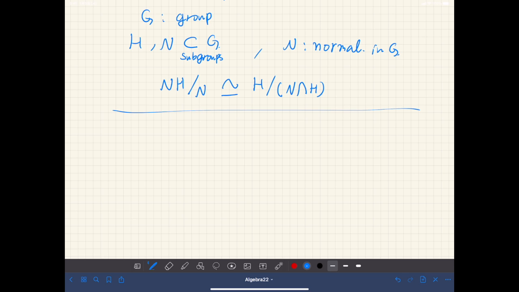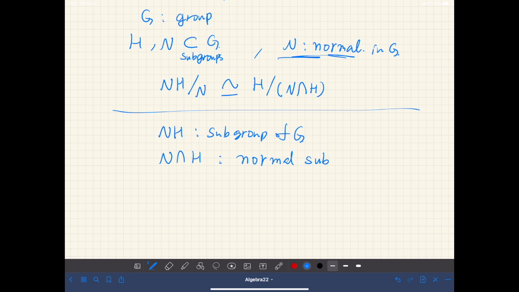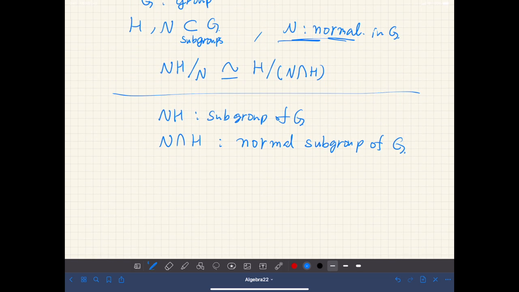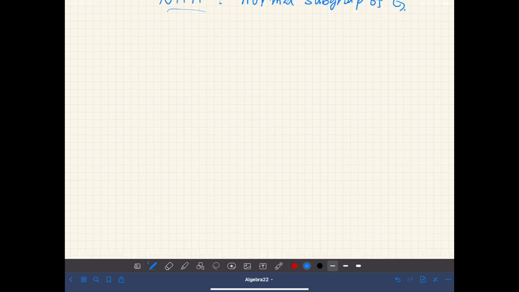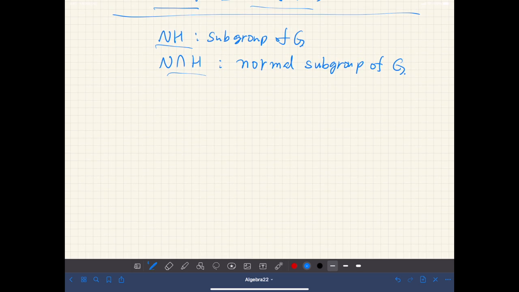And since N is normal, NH is a subgroup of G. And N cap H is a normal subgroup of G. So there are many subgroups involved in this theorem, and the relationships between these groups are the following.